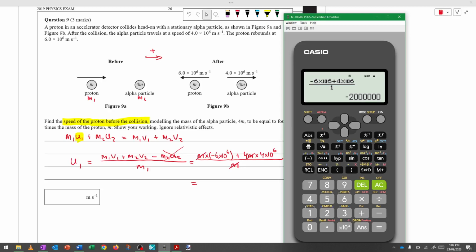That didn't sound right. What have I done wrong? It can't be negative because it's travelling that way. Where have I gone wrong, my friends?